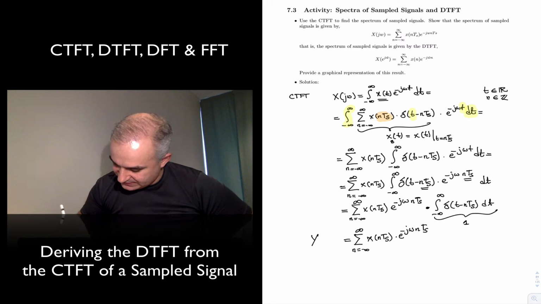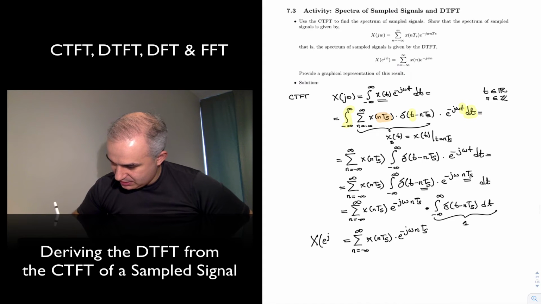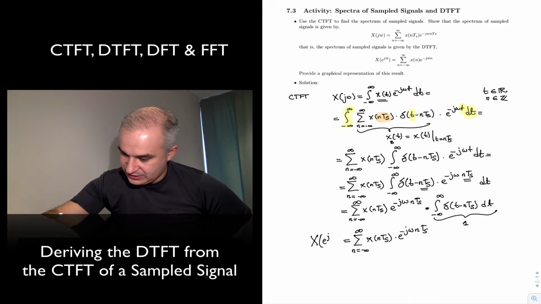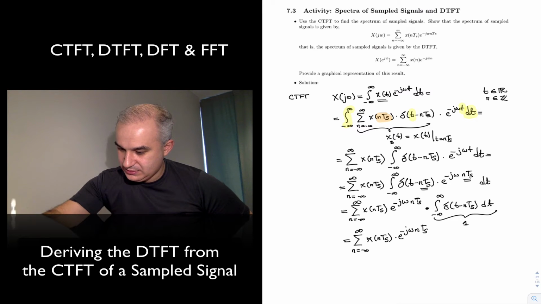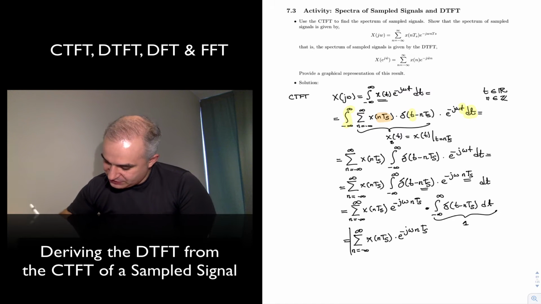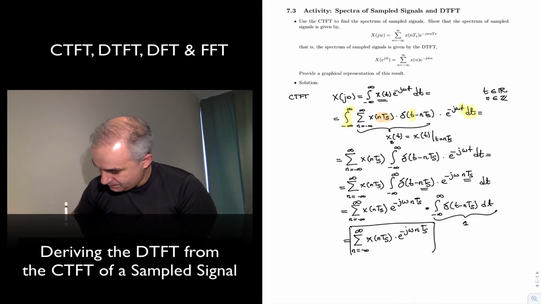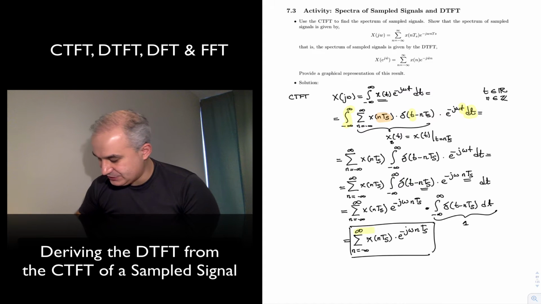We can define this as x of e to the j. I'm going to actually do it in the next step. So this is our expression for the spectrum for a sample signal.